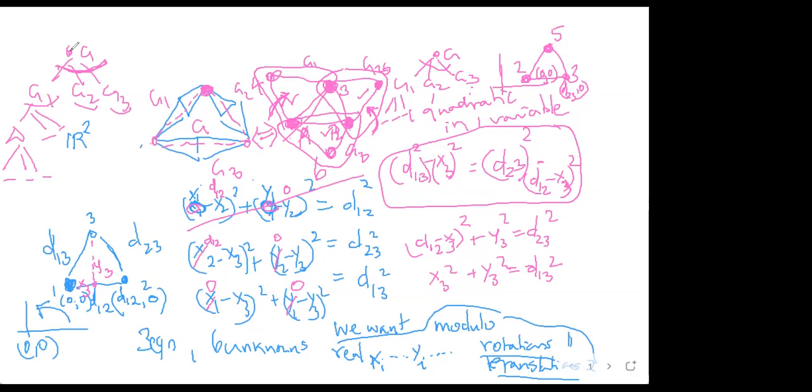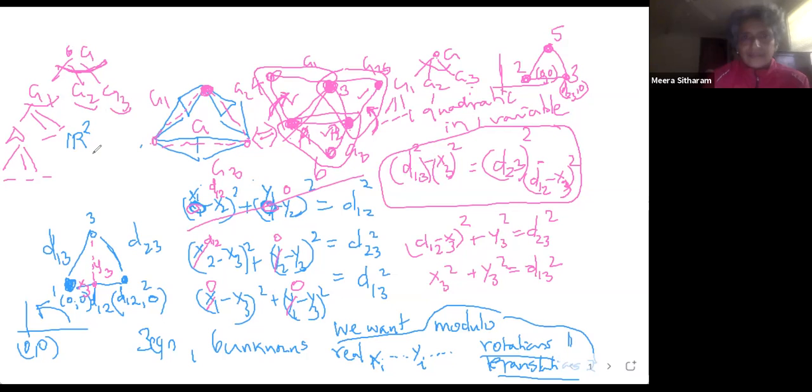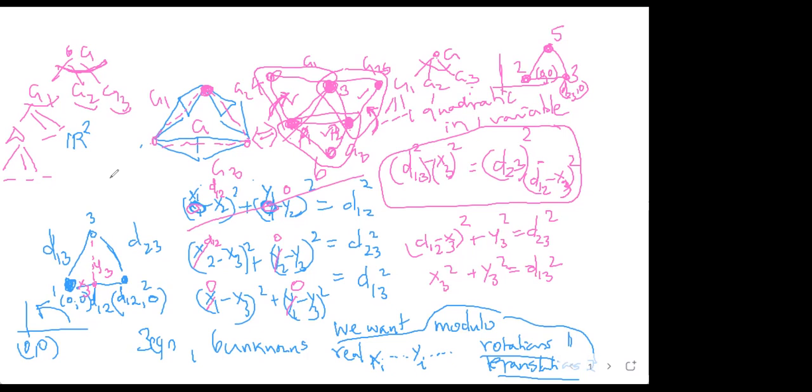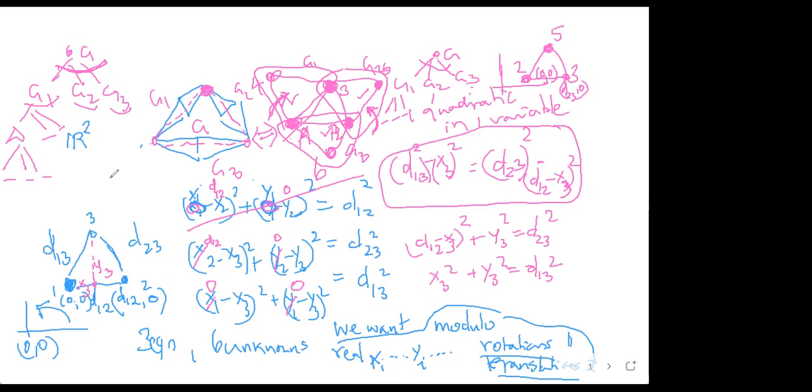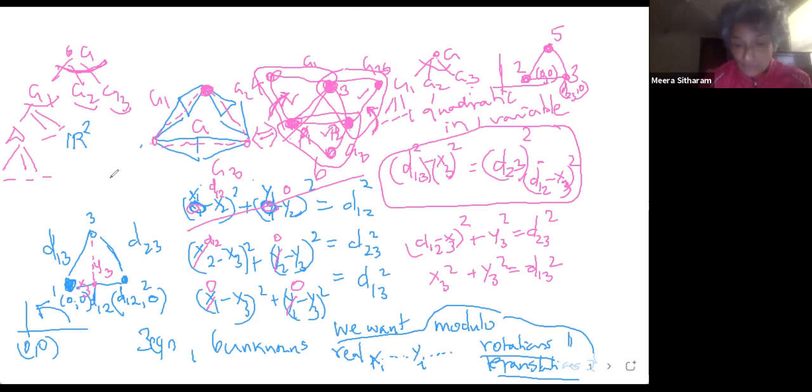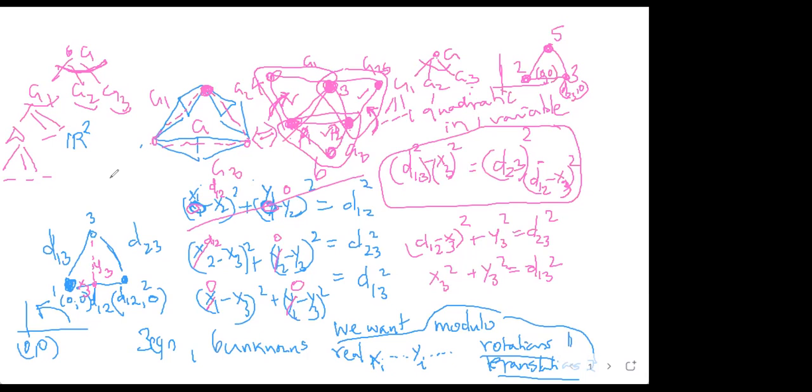Okay. But I think what you're saying is if the whole thing is minimally rigid, then if you have 2 subgraphs that are minimally rigid in it, then they would necessarily have to coincide on 2 vertices. Right.